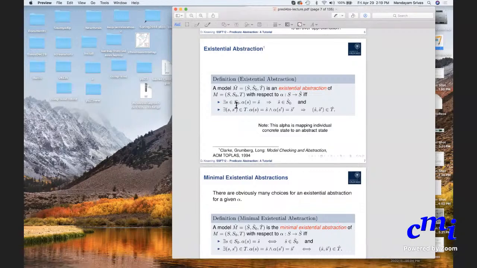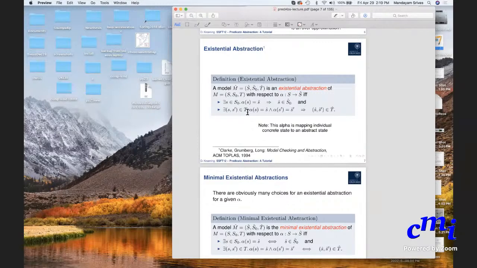That's why this is called existential abstraction. Even if one is there, all the states that get mapped to that particular abstract state will have to be included in the initial state. That is the constraint.